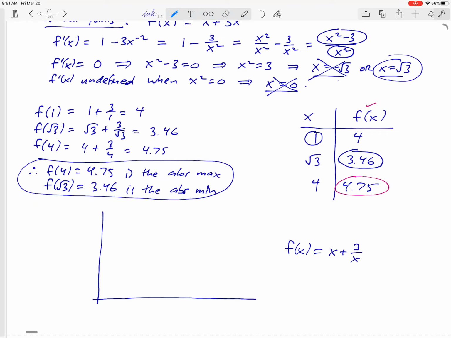This is going to be a graph of the function that we started with, x plus 3 over x. And this is going to be just a very rough graph. Kind of has this sort of a shape to it.